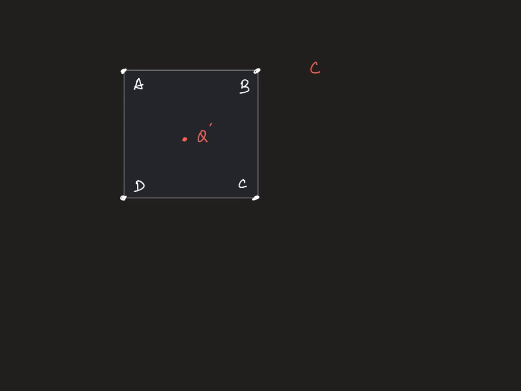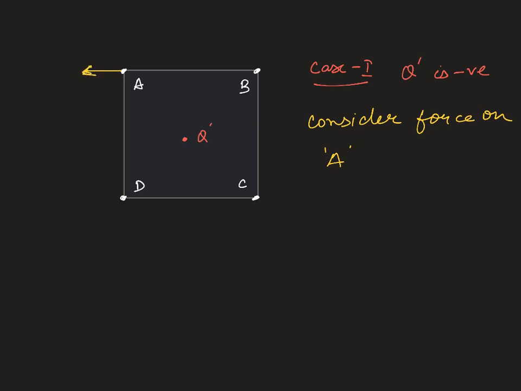Now again let's consider case 1. Q dash is negative. Now what if Q dash is negative? So let's try to understand this. Now we are not considering force on Q dash, we will consider force on A. So what is the force on A? Due to B, there will be a repulsive force because both are negative.